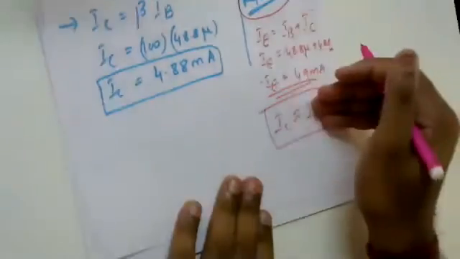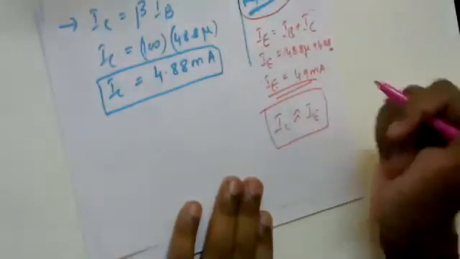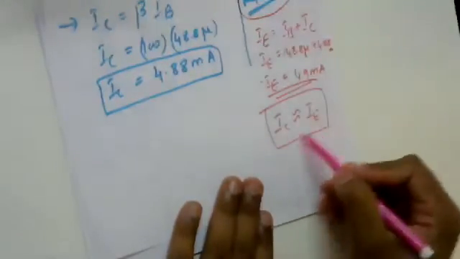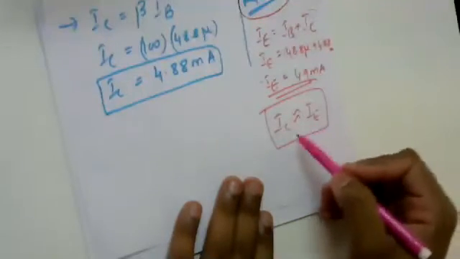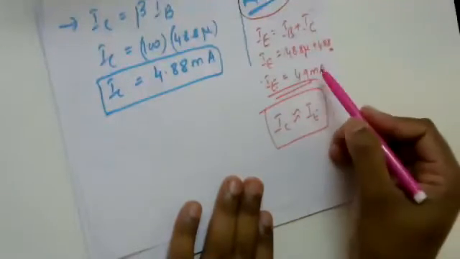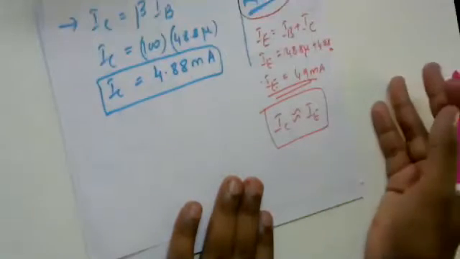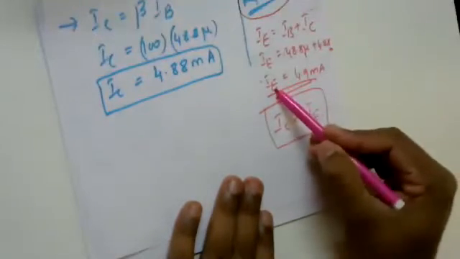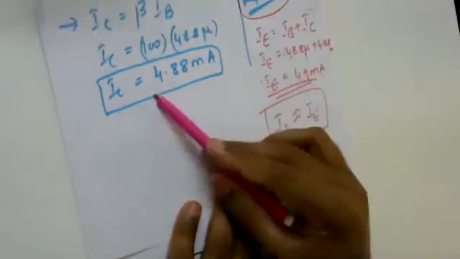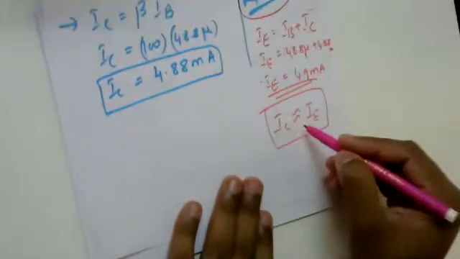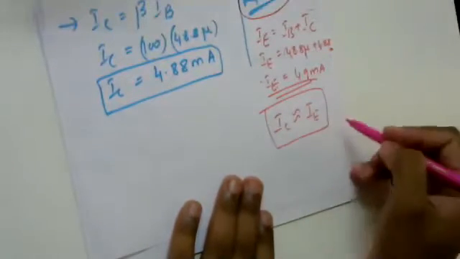When you write any equations, you can feel them whenever you solve numericals. When I say this theoretically, you may not be able to accept it. But now this numerical data expresses itself: since IE is 4.9 milliamps and IC is 4.88 milliamps, I can simply say that my IC is approximately the same as my IE.